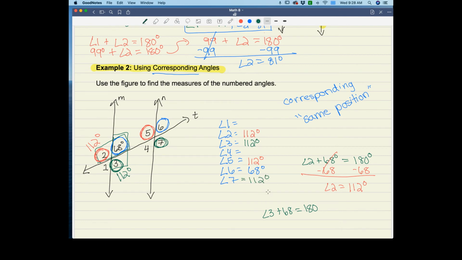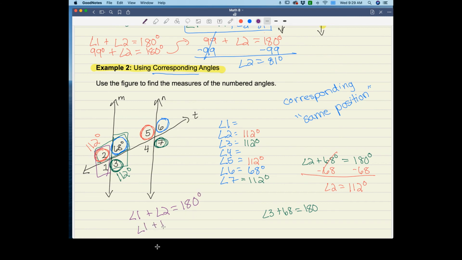And then the only one that's left is angle 1. And we can just take a look at that. We're going to have another linear pair there. So angle 1 and angle 2 make a linear pair, means they equal 180. We already know angle 2 is 112.